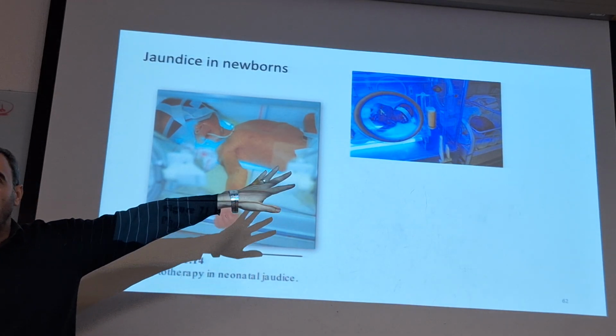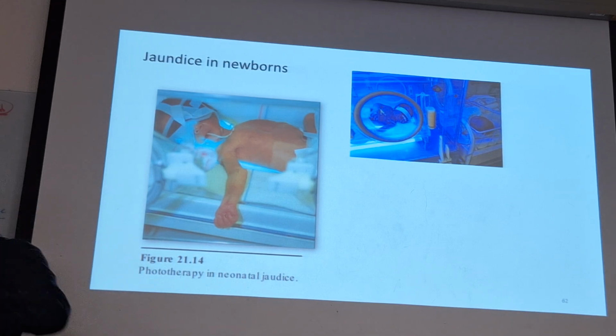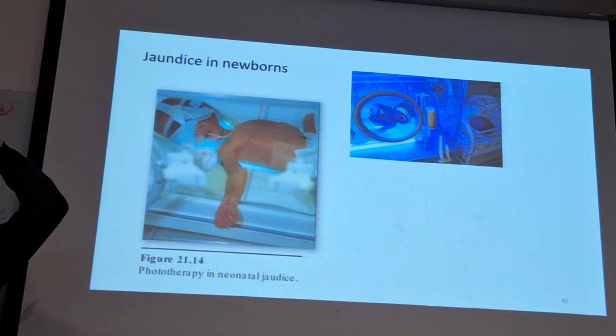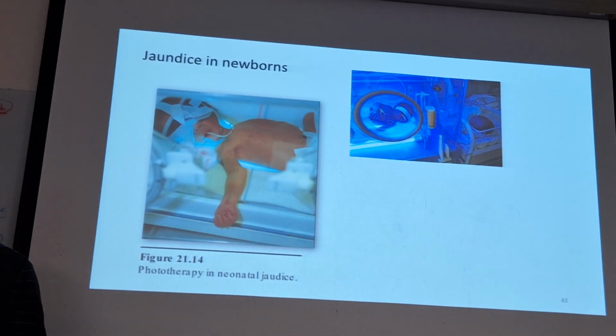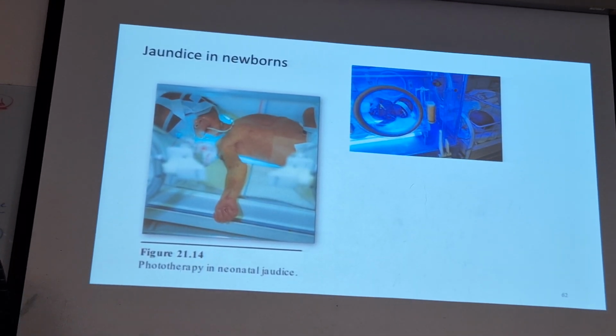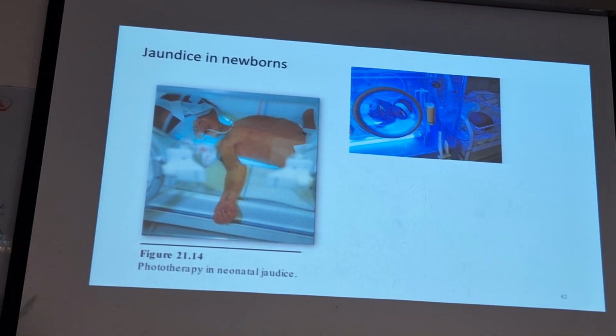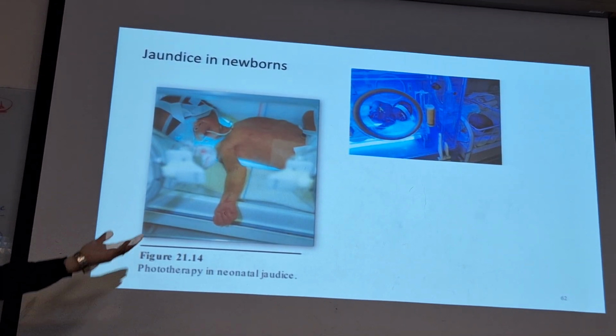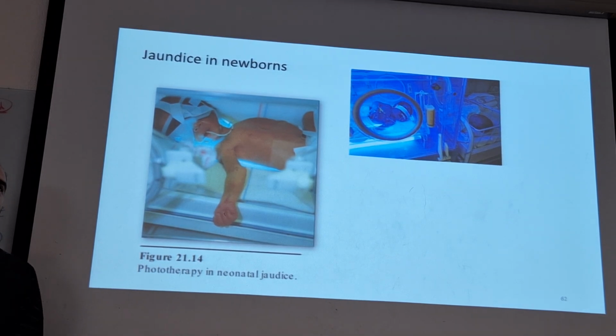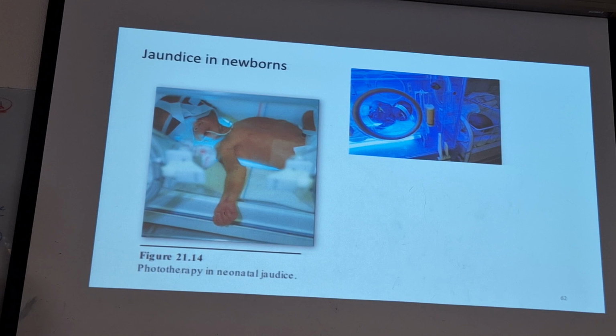What does the blue light do? We have the bilirubin structure, and the light is going to destroy, actually hydrolyze, this bond and help to excrete it easily. So if the baby's bilirubin is high, we need phototherapy.